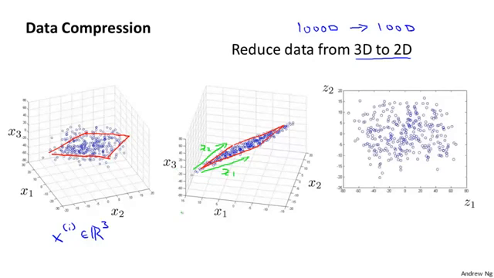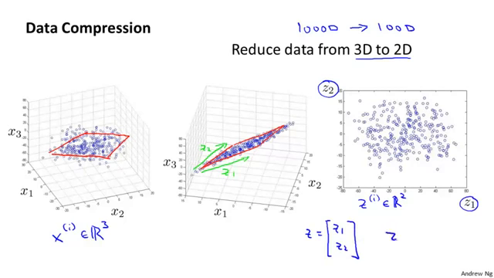And so what that means is that we can now represent each training example using two numbers that I've drawn here, z1 and z2. So our data can be represented using vectors z, which are in R2. And what I just mean by the subscripts z1, z2 is that my vectors z are 2-dimensional vectors.